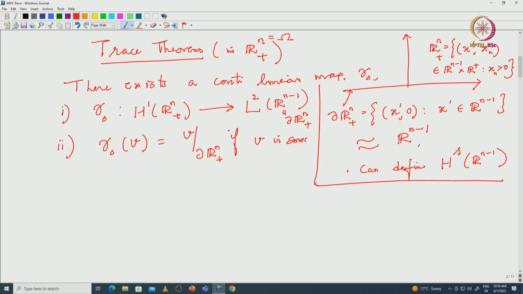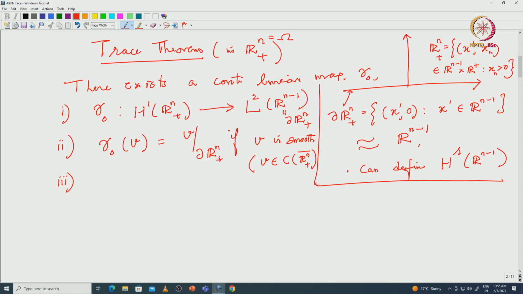Smooth means, in this case, it depends on whether the function or its derivative is being restricted. If the function is restricted, it is enough that, for example, v is in C of the closure of R^n_+. So if you have continuity up to the boundary, it is the same thing.